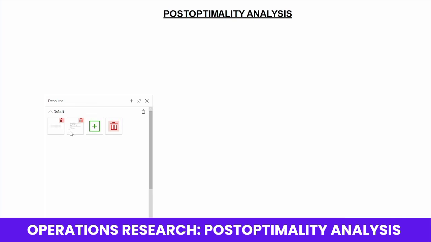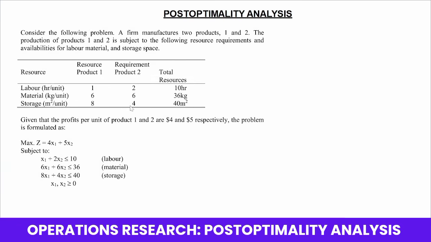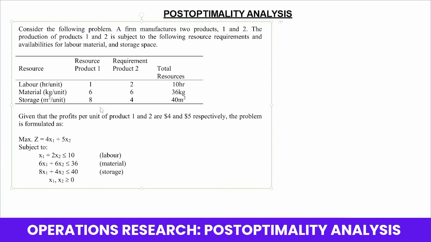So let's consider the following problem. A firm manufactures two products, product 1 and 2. The production of product 1 and 2 is subject to the following resource requirements and availabilities for labor, material, and storage space.